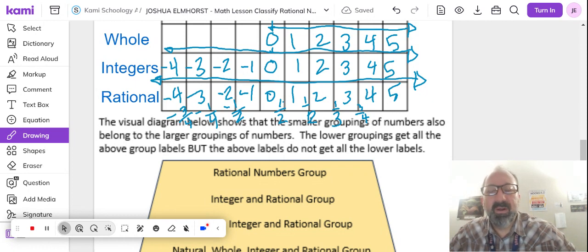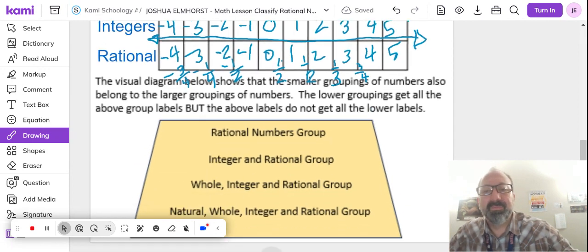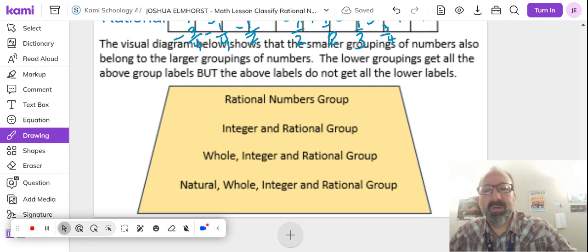So the visual diagram down below shows the smaller groupings of numbers, and it shows where they belong as part of the larger group. So let's start with the natural numbers. This category, natural numbers, is part of the larger group. So I did a trapezoid here.